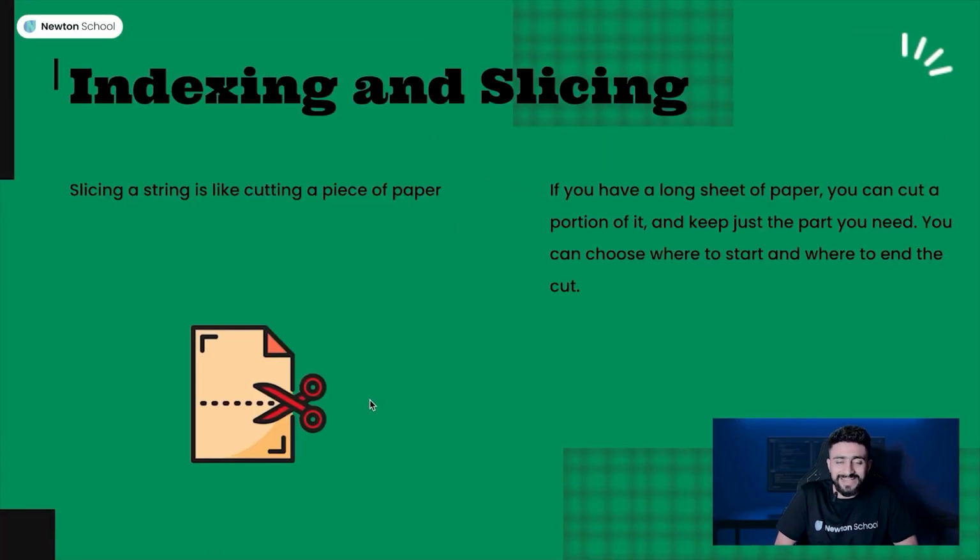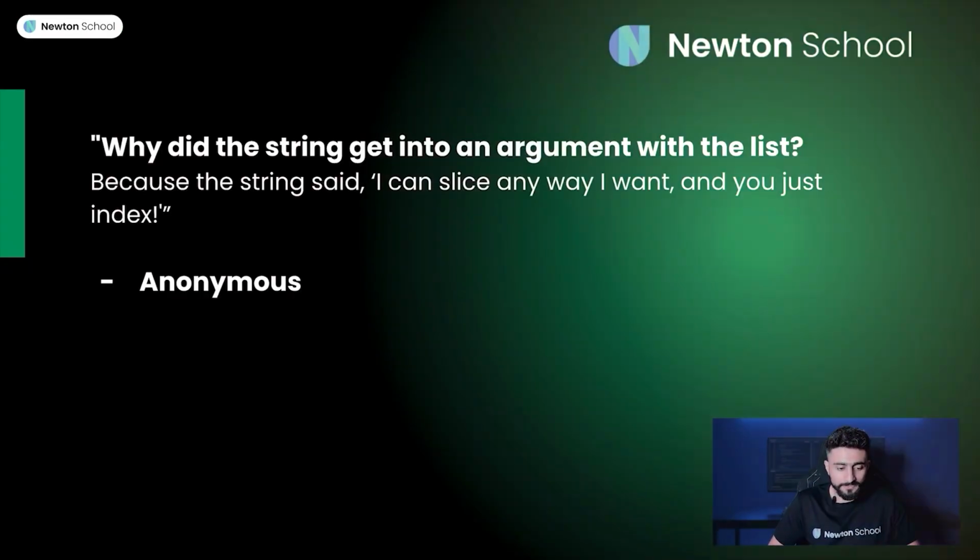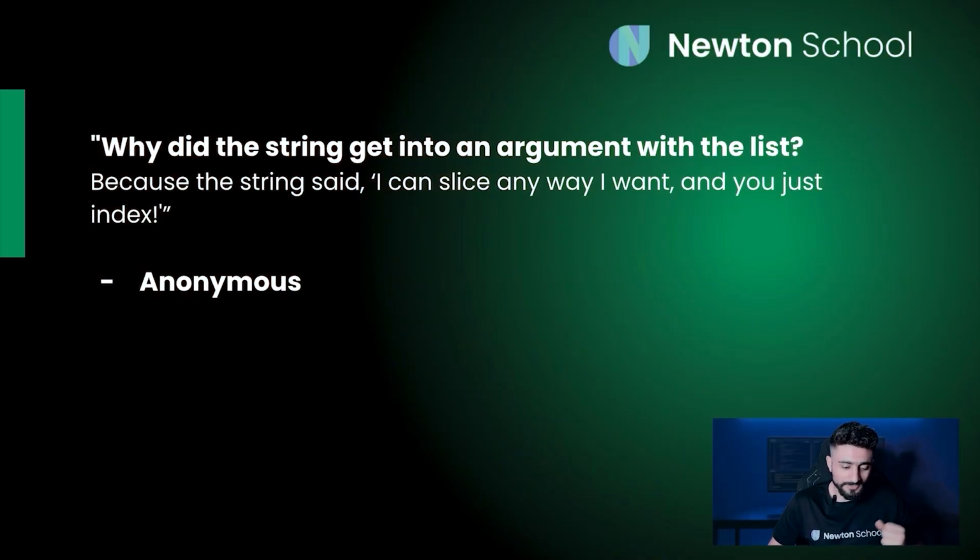Now next is indexing and slicing, right? Slicing a string is like cutting a piece of paper. This is again a quote from an anonymous developer: why does a string always get into an argument with a list? List is again a data type, we have learned about it in the last video.